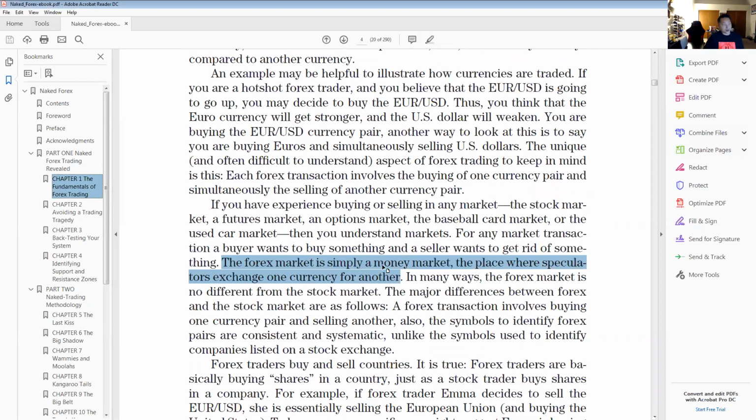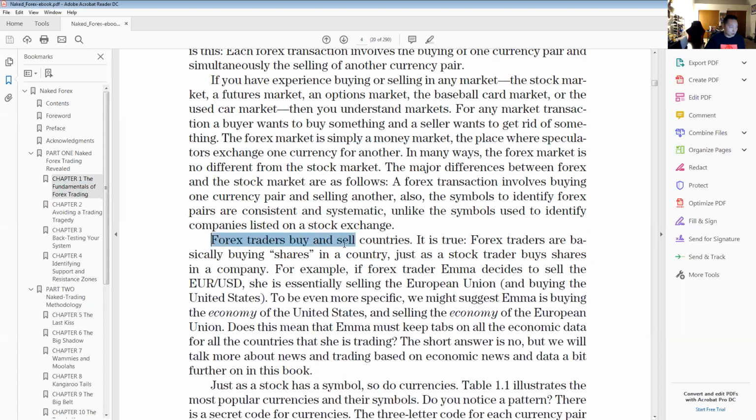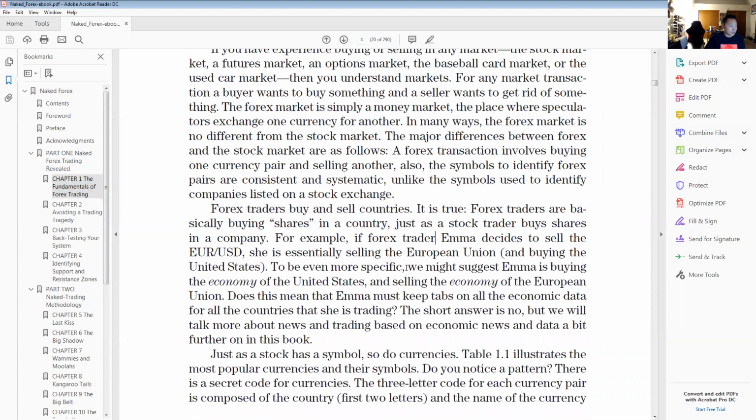The forex market is simply a money market, the place where speculators exchange one currency for another. That's just a basic way of saying what forex is. Forex traders buy and sell countries. There's another one. Forex traders are basically buying shares in a country, just as a stock trader buys shares in a company.